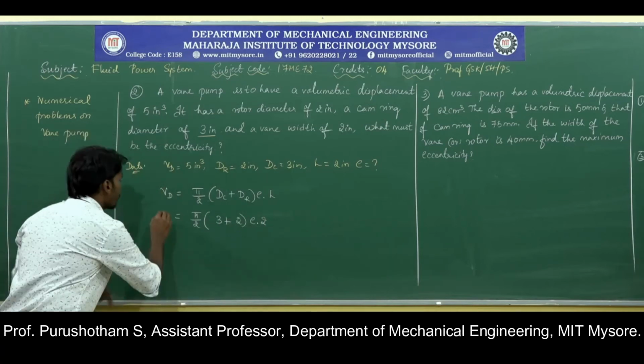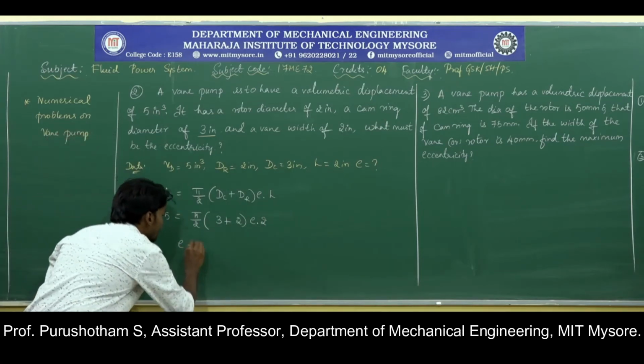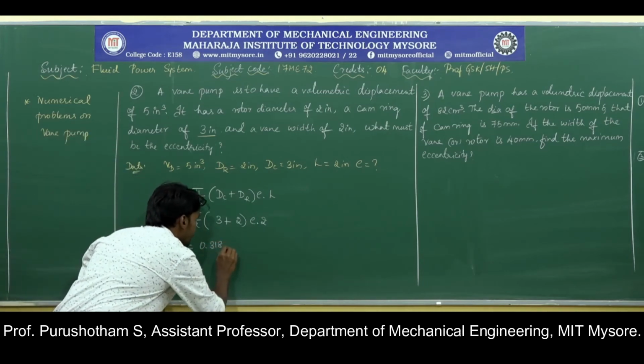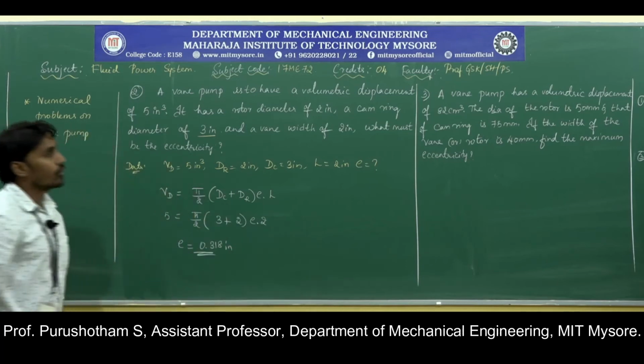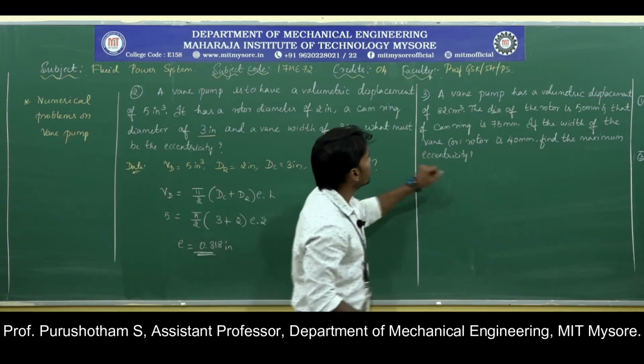We know the value of Vd also. If you simplify this, you will get eccentricity equal to 0.318 inches. In the same way, we are moving on to the next one.